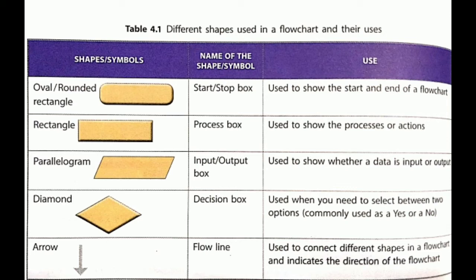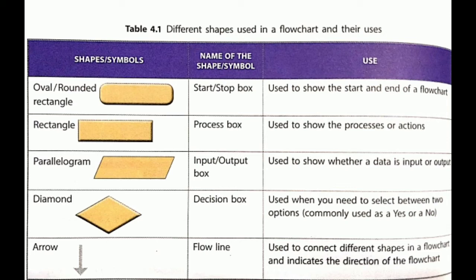Whenever a condition comes or whenever we want to take a decision, we use a diamond shape. And next one is arrow. The name of that particular shape is flow line. It is used to connect different shapes in a flowchart and indicate the direction of the flowchart. That is, all the shapes are connected or indicated by using these arrows.